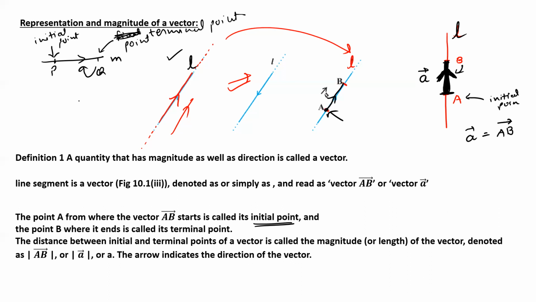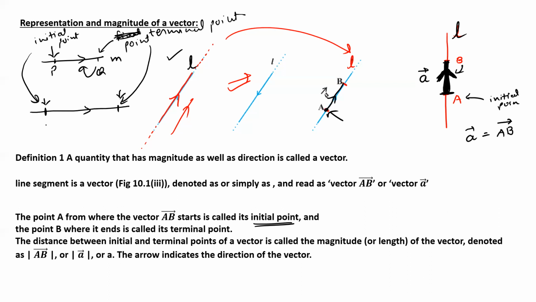Suppose we are going somewhere, and I have started measuring. I'm starting the displacement from here and going somewhere, reaching here. This is the initial point, and this is the terminal point. I want to find out how much displacement I have covered.